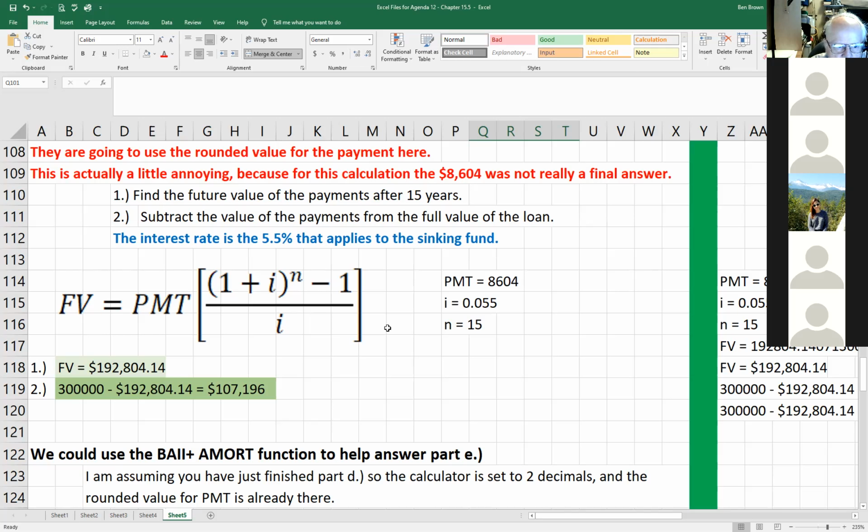We don't know the present value, so the present value would have to start at 0, and the payment would be 604, but it would have to be negative into payment. And then we don't know the future value, but we'd be computing the future value. So let me stop sharing this and find my calculator again.